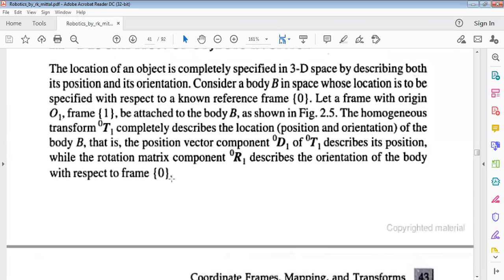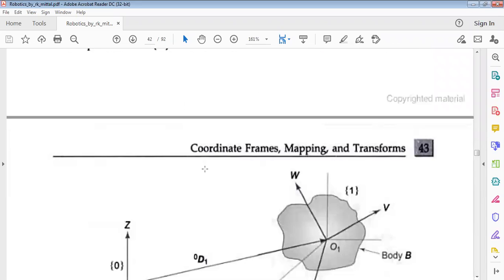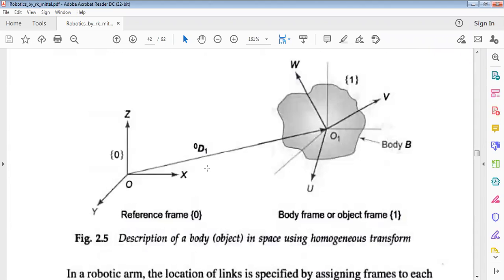So let us consider a general body, as shown in this figure. This is a general three-dimensional body, which is in space XYZ, away from the origin O of the frame.